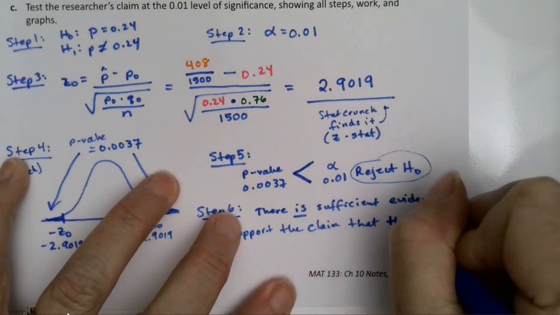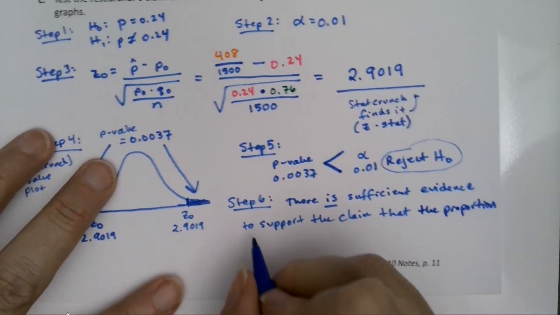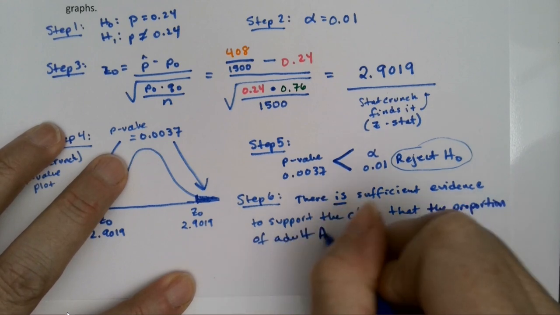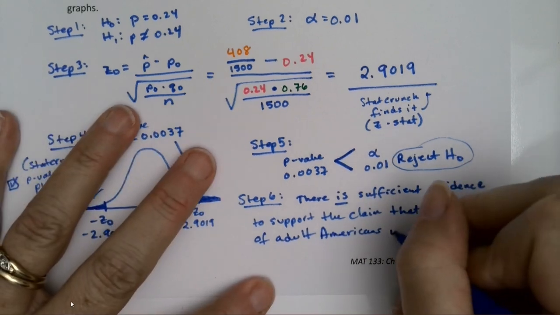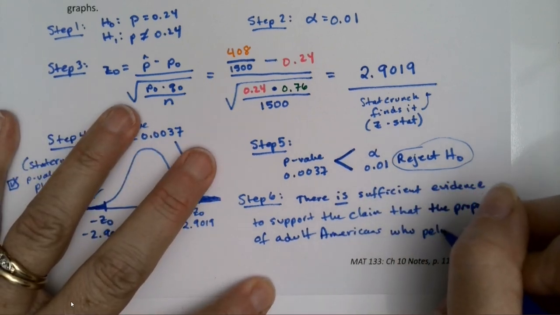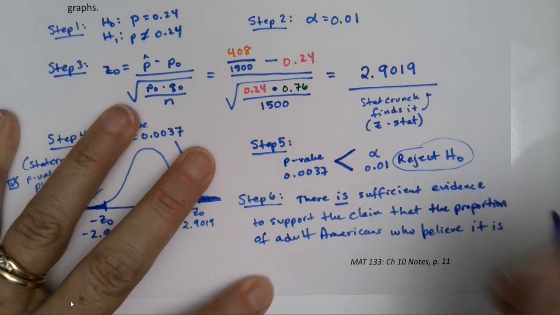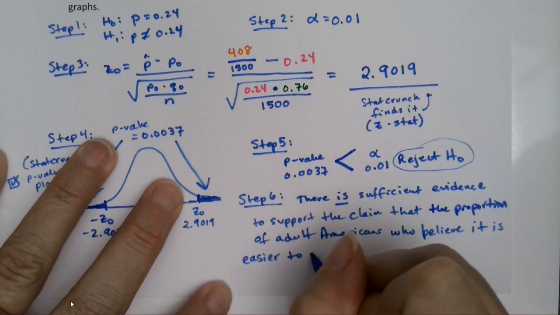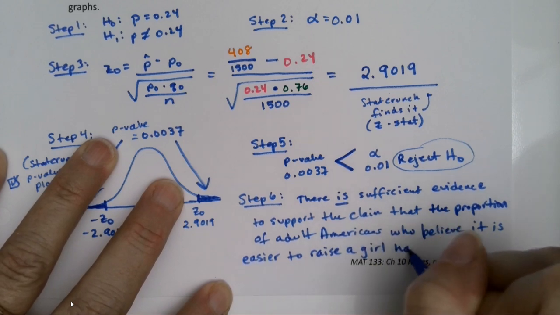The proportion of adult Americans who believe it is easier to raise a girl has changed.